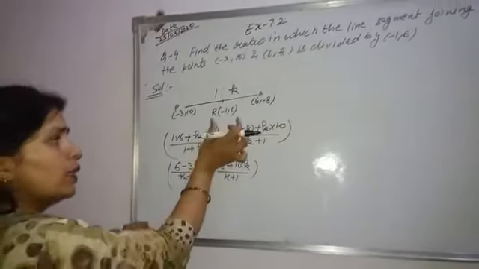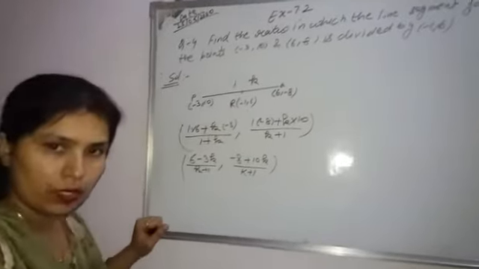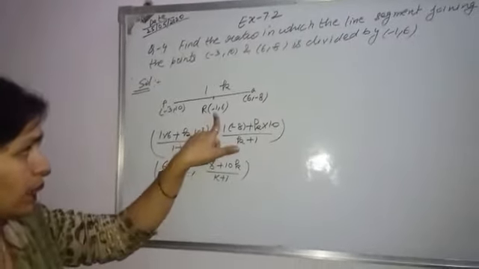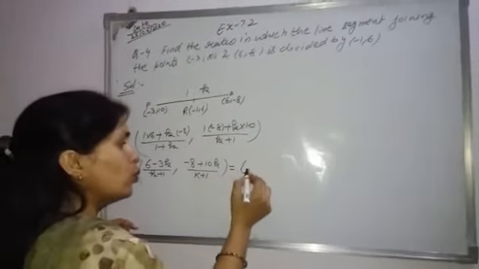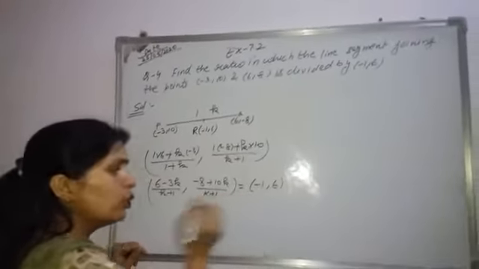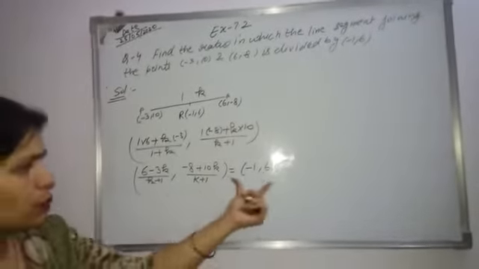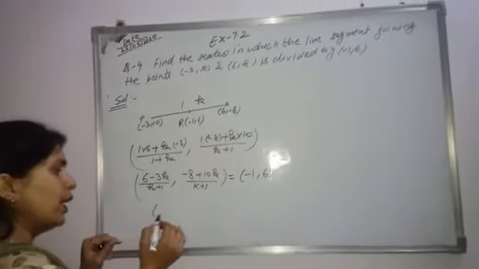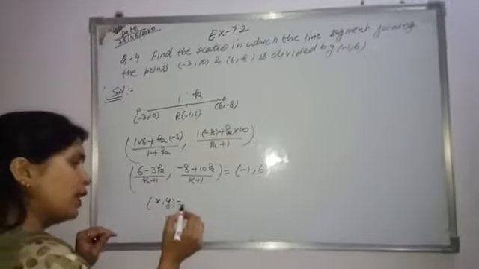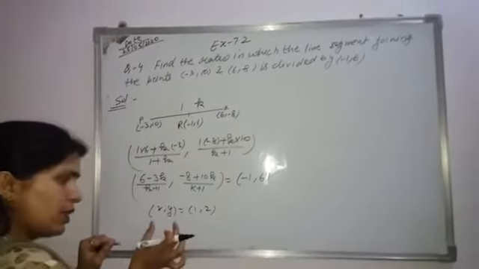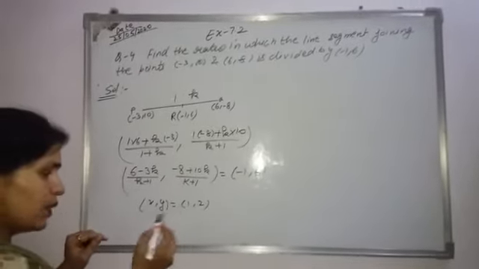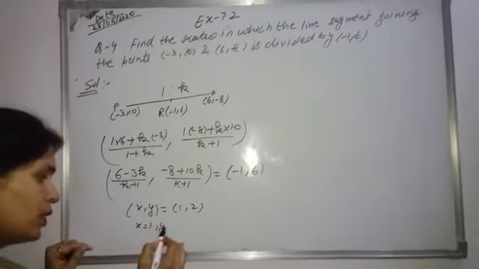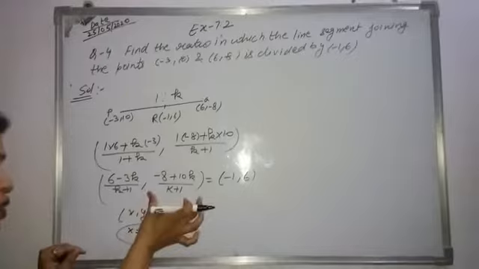But we know that this point is already given to us. If this point is the same as R, it means 100% both points must be equal to each other. If we say that (x, y) is equal to (1, 2), it means x is equal to 1 and y is equal to 2. The same condition is here.